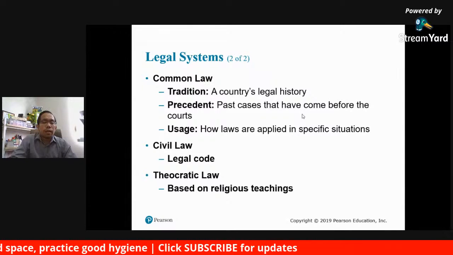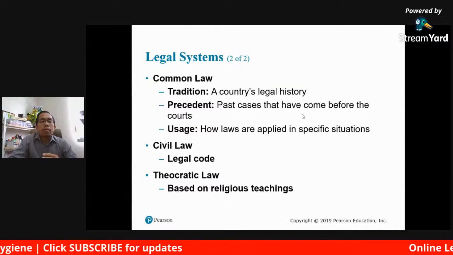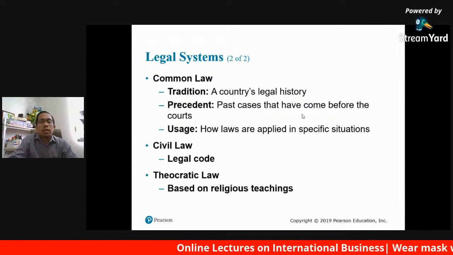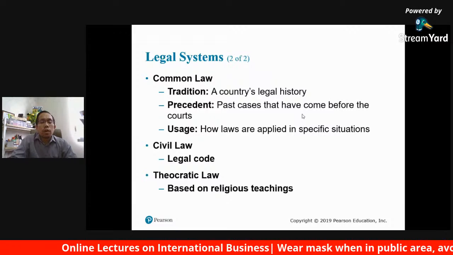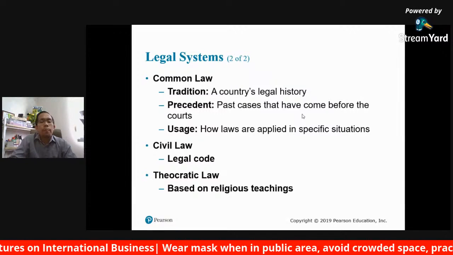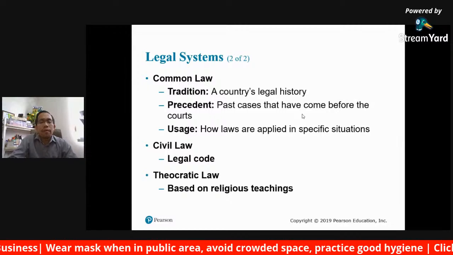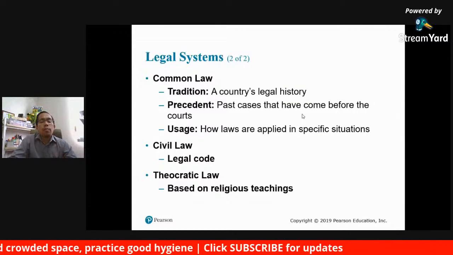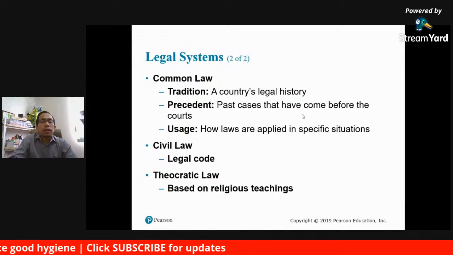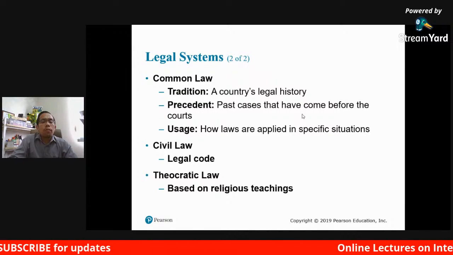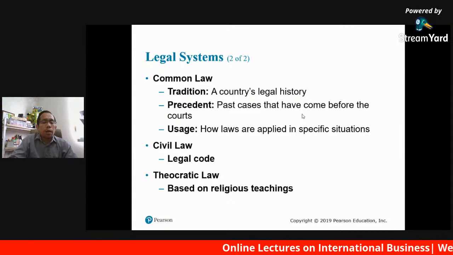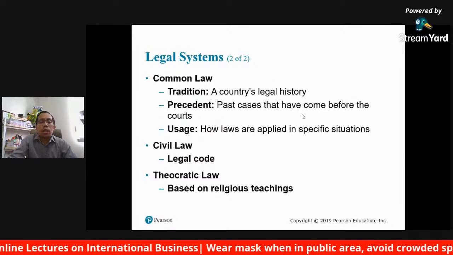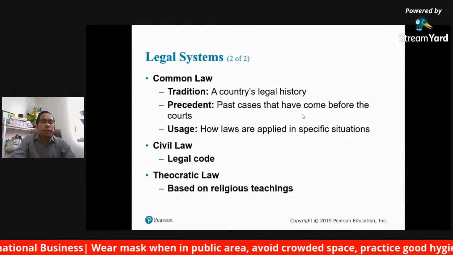First, common law is a country's legal history, which Malaysia also has. Precedent means past cases that have come before the courts, so what happened before can become a precedent, and usage is how laws are applied to specific situations. We have common law, civil law, and theocratic law, which is based on religious teaching.